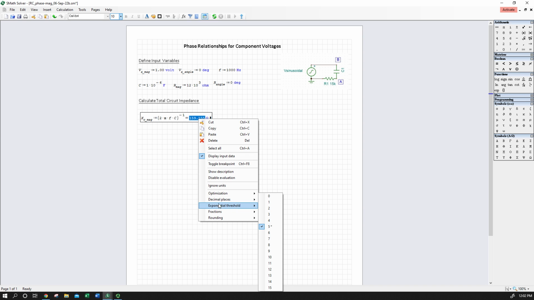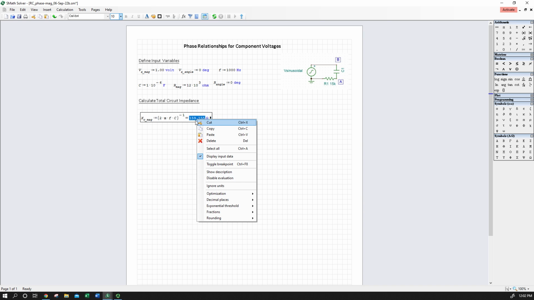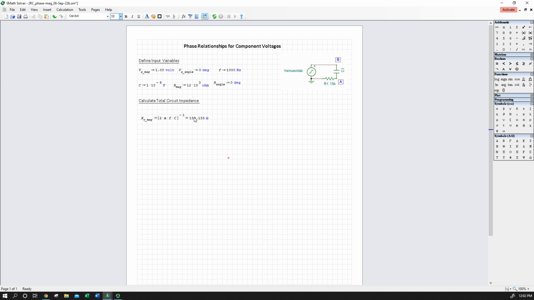So I can come down to exponential threshold and say any significant figure beyond 3, keep it at 3, and then use scientific notation for the rest. So let me see if I can get it to do that. Exponential threshold, 3. Okay. So it says we've got 3, we're good.